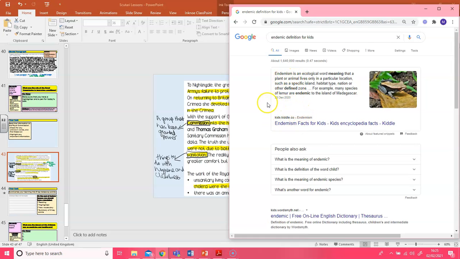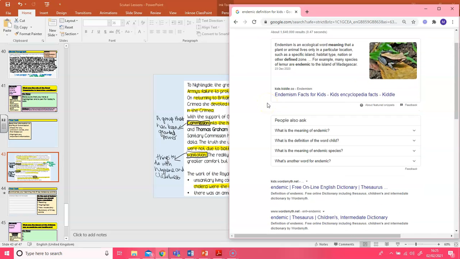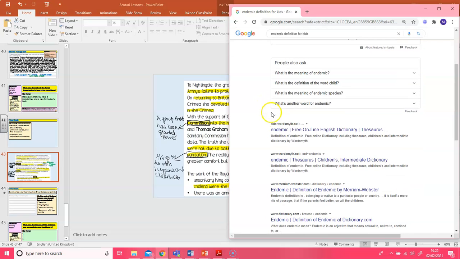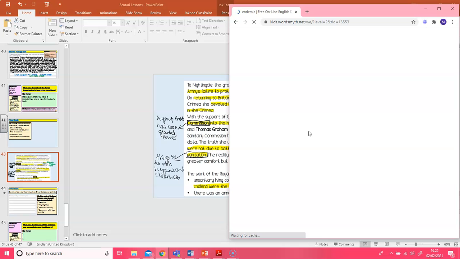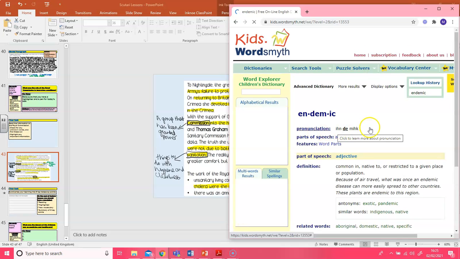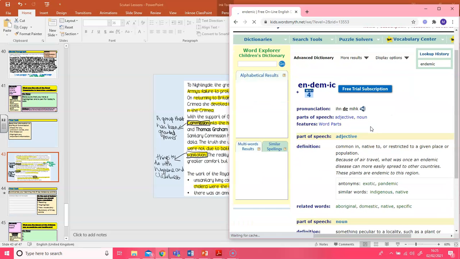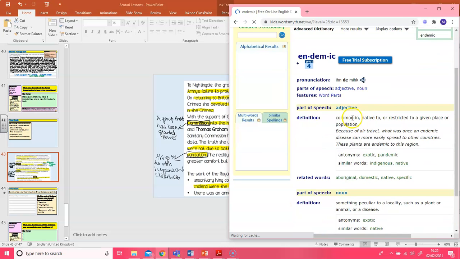Right, so it's come up with endemism, but that's not really the word I'm looking for. So let's try this one. So it says endemic is common in, native to, or restricted to a given place or population.